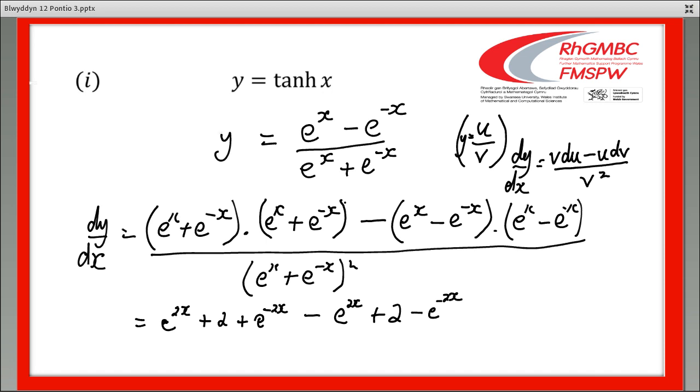And that's all divided by e to the x plus e to the minus x, and then that's going to be all squared.